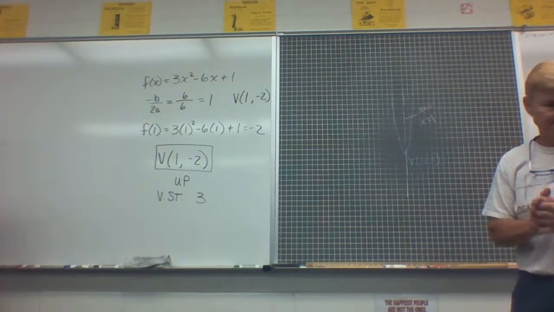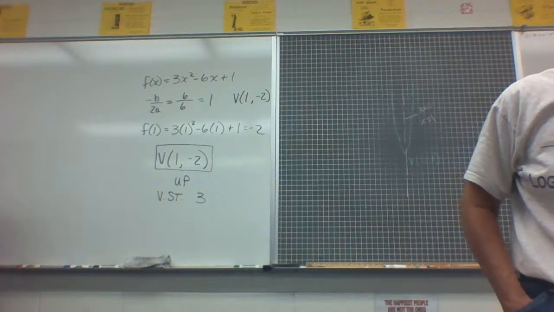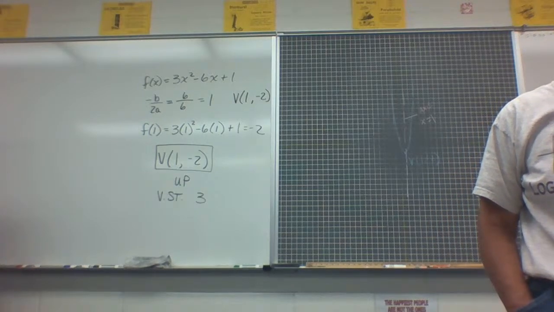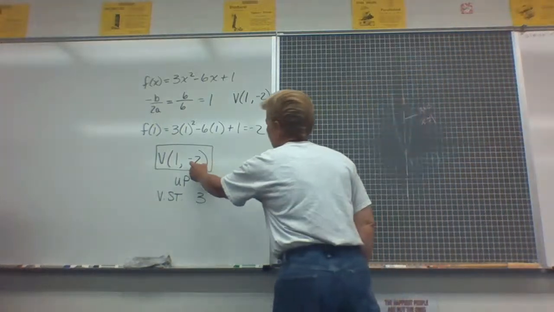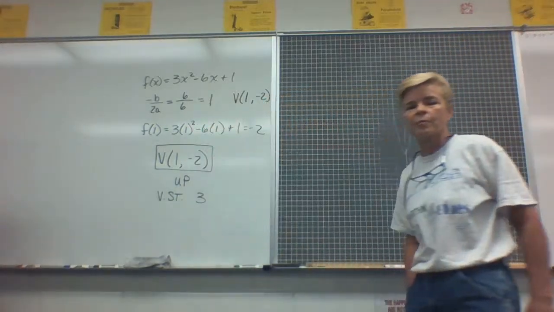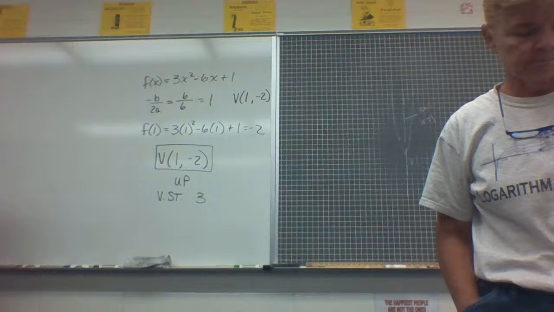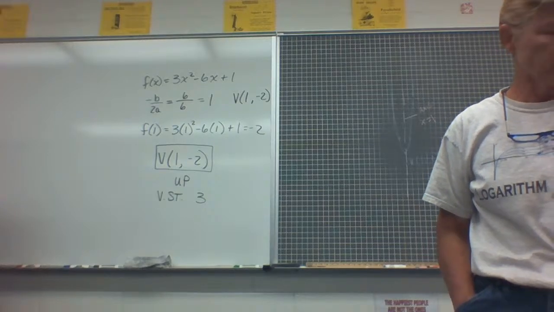So that one's done. So let's see if we followed all the instructions. It says graph this thing, label the vertex as an axis of symmetry. That's what we did. But finding the vertex took a considerable amount of math and memorizing of formulas. You can do it. Moving on.